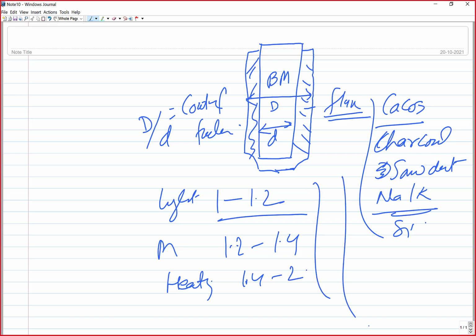So the thickness of the coating is almost double the core wire. This is how the coating factor is used to define the thickness of the flux over the core wire, and these are common constituents which are added.